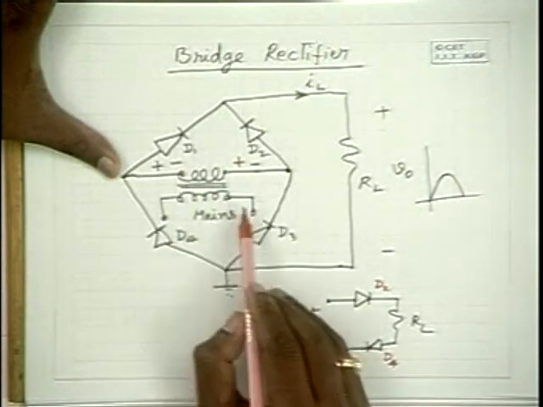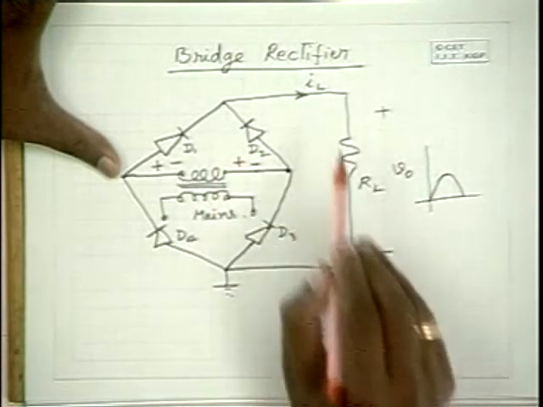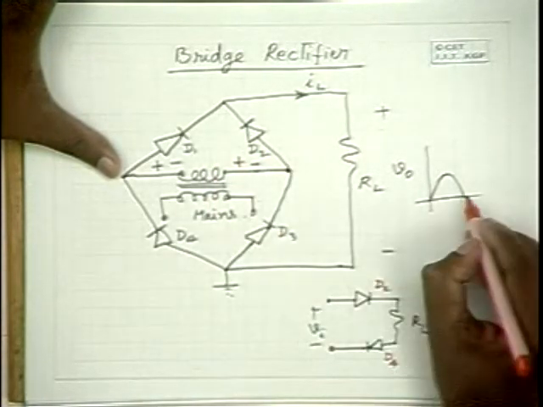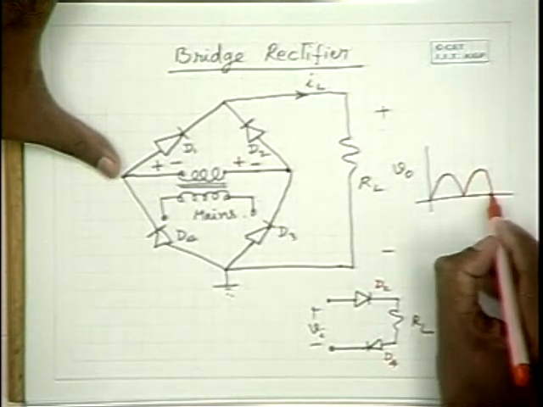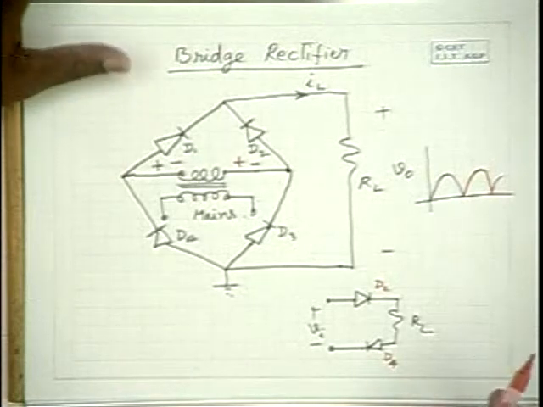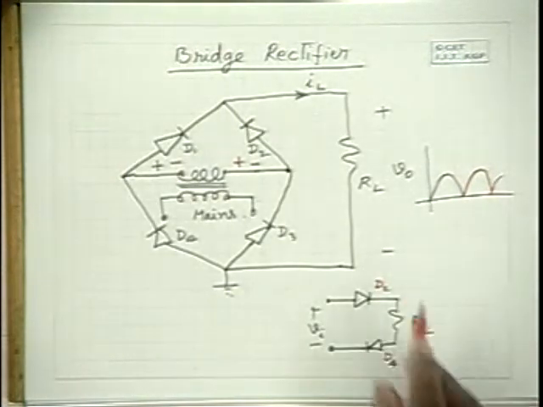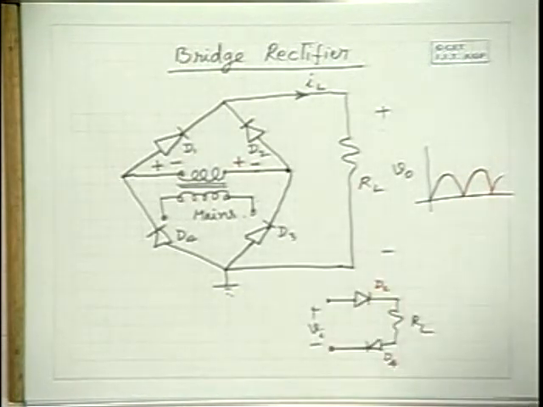Therefore, you will have this kind of voltage appearing across the load. Hence, you get a full wave rectified waveform over here.